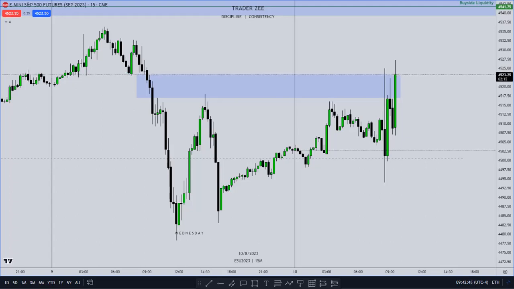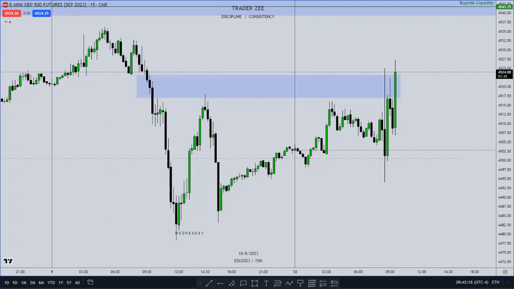Okay, the high right now in ES here. That is the high of the weekly, roughly the high in place right now is the high of the weekly fair value gap. So it might just be rebalancing on the weekly chart.